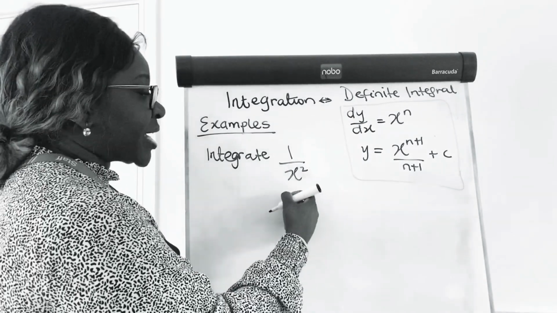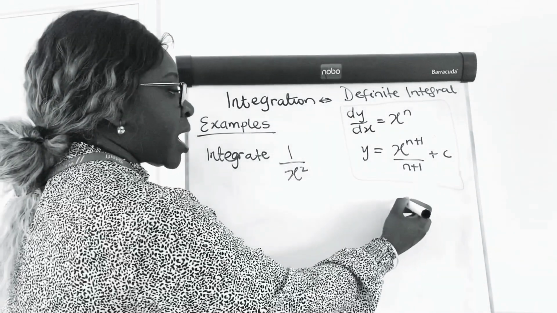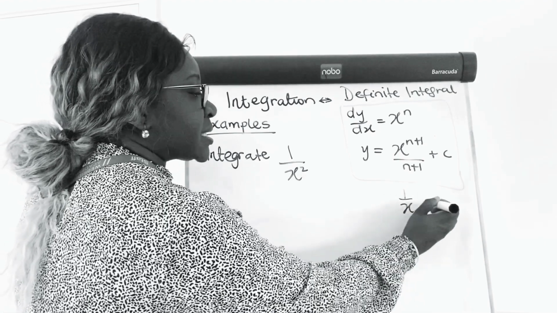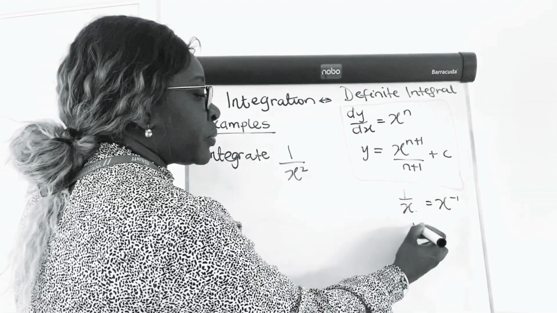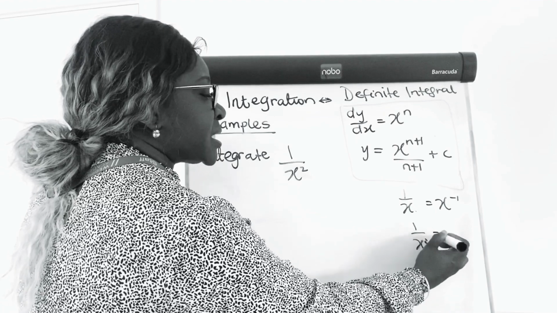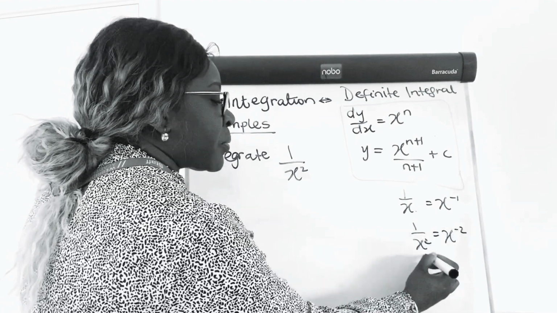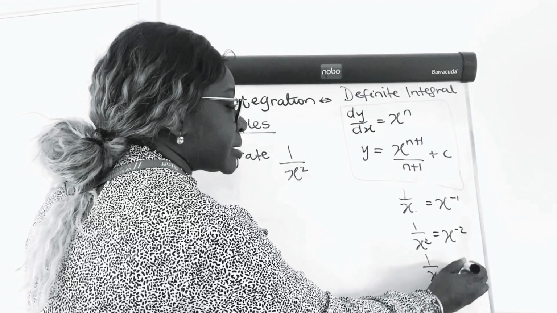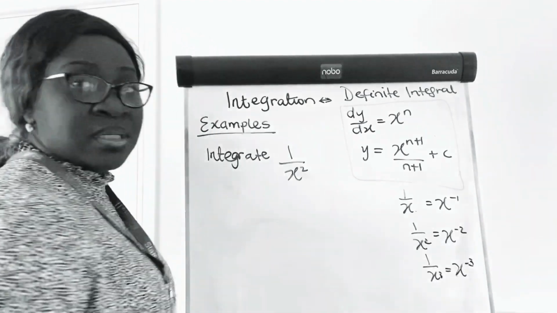Remember, we can write fractions as powers as well. 1 over x can be written as x to the minus 1, and 1 over x squared can be written as x to the minus 2. 1 over x cubed can be written as x to the minus 3, and so on and so forth.